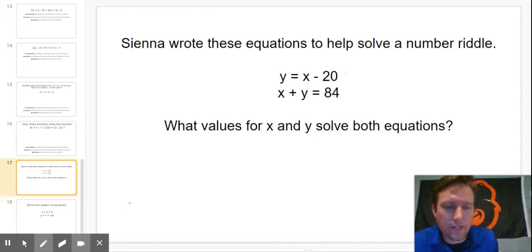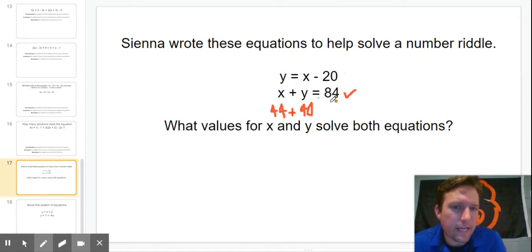Now, one strategy that you can use is guess and check. We could try to plug in, let's say, 44 for x and 40 for y. The reason I chose those two numbers is that 44 plus 40 equals 84, so it would satisfy this equation. Now, would it work on my second equation?